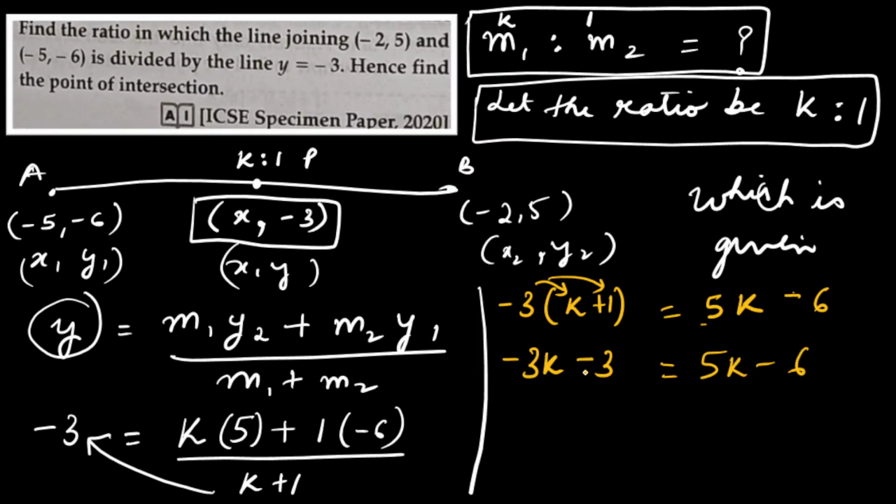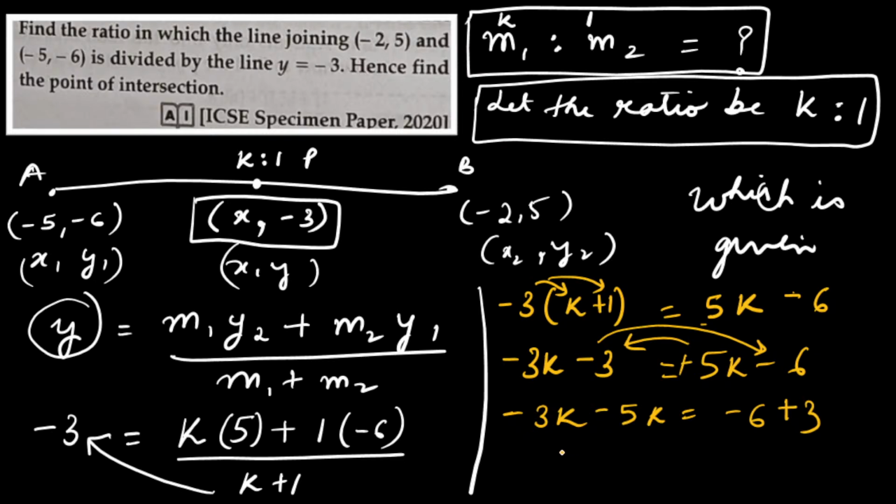So k terms are like terms and the numbers are like terms. So 5k I'll shift to this side; -3k is already there. Positive 5k, when shifted to this side, changes to -5k. -6 is already on that side. Let us shift -3: when we shift it, it becomes plus 3.